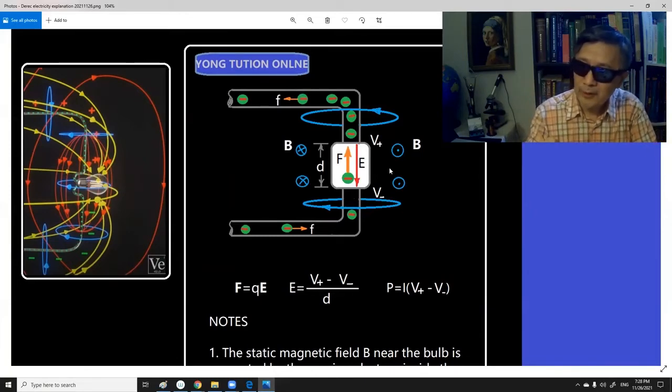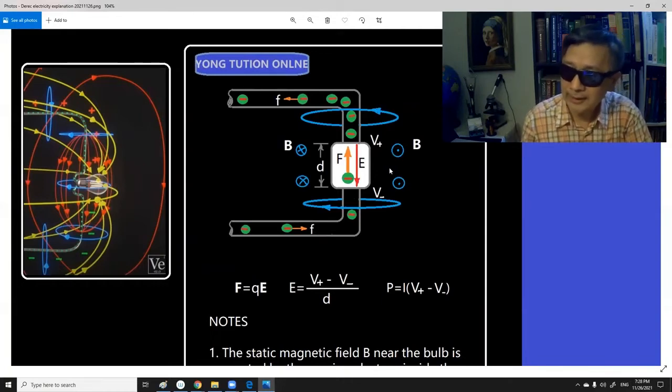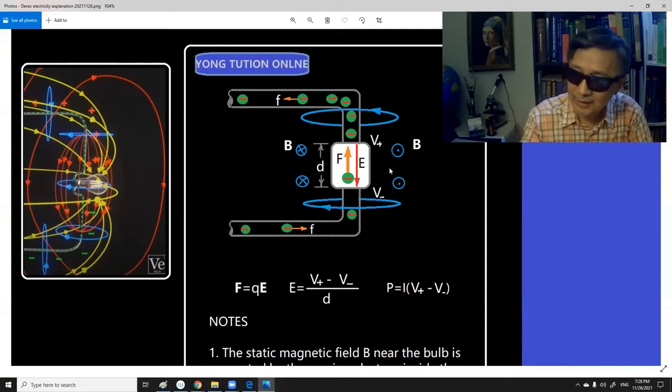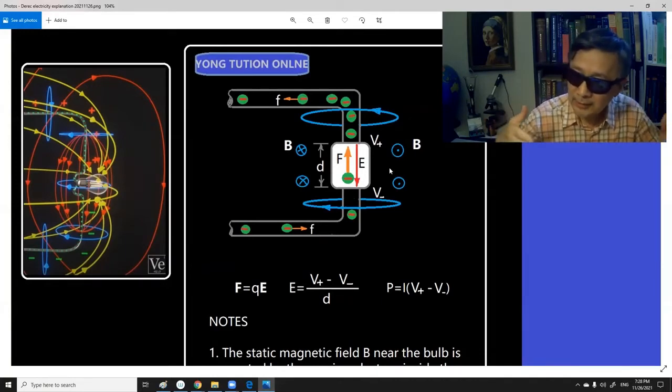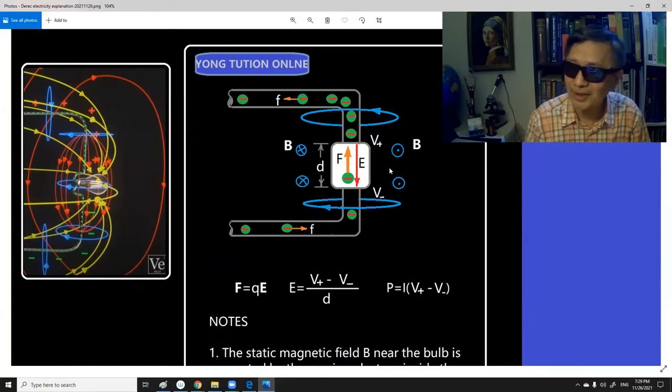This diagram only shows that the cross product of the static electric field and the static magnetic field is toward the resistor. This doesn't imply that there must be a certain amount of energy flux moving into the resistor from space. This is a very basic idea in physics, right?